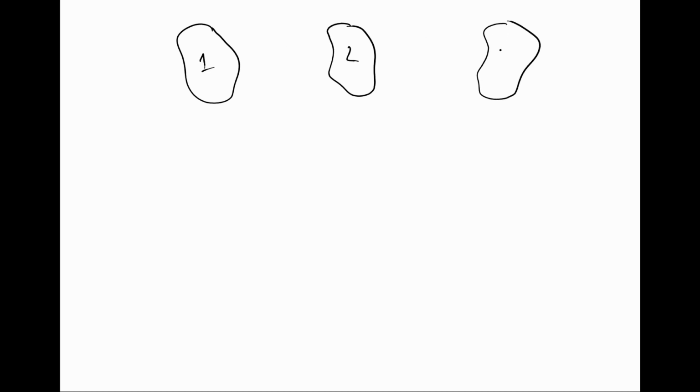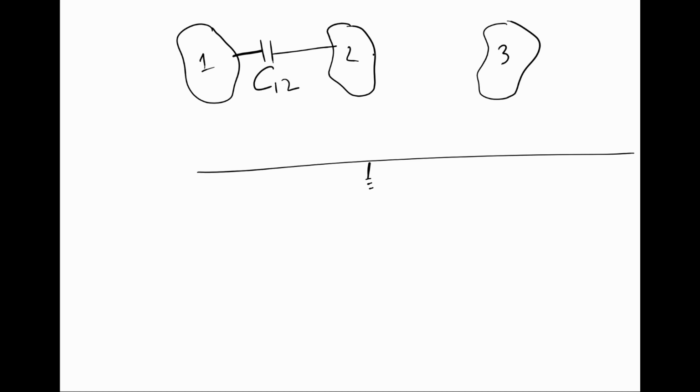Now for simplicity, let us take a case of 3 conductors only. This is conductor 1, this is conductor 2, and this is conductor 3, and let us say this is the reference ground. There will be a capacitance between conductors 1 and 2, let us call it capital C12.